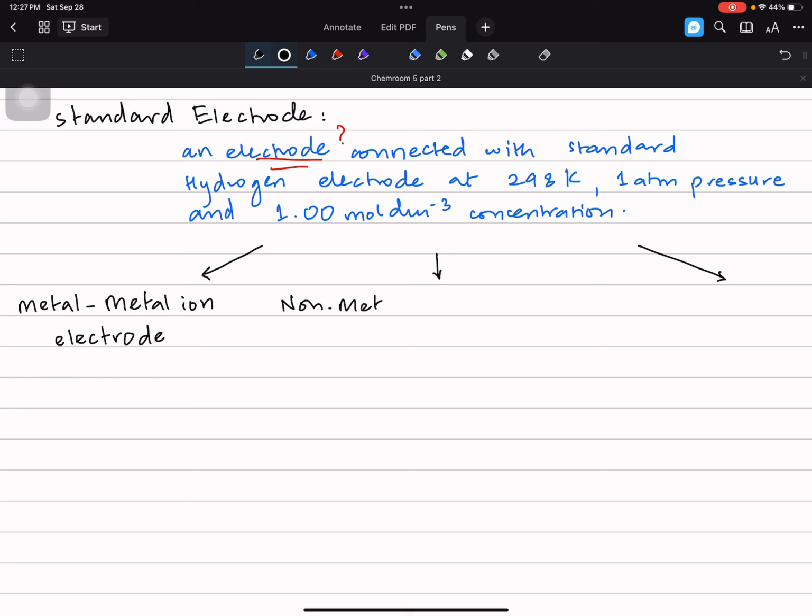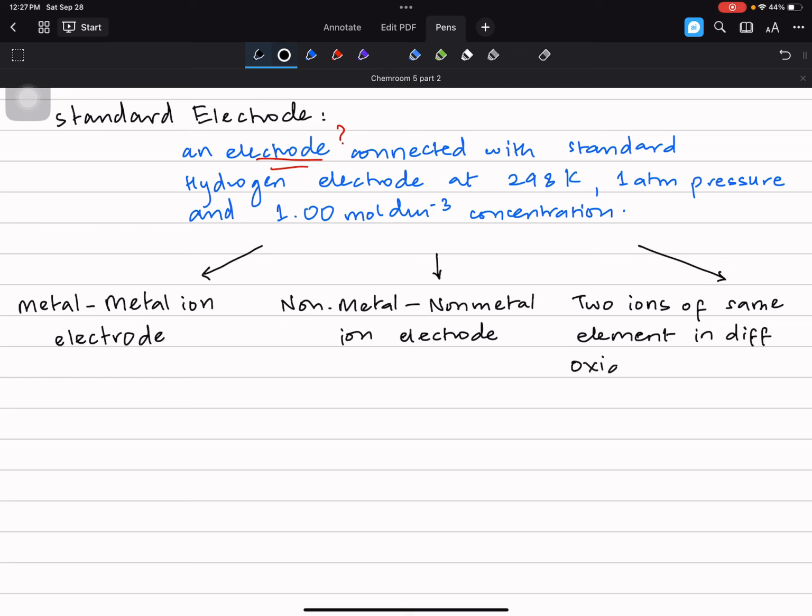The second one is a non-metal ion electrode, where a non-metal atom or non-metal molecule is in equilibrium with a non-metal ion. The third category is two ions containing the same element in different oxidation states.